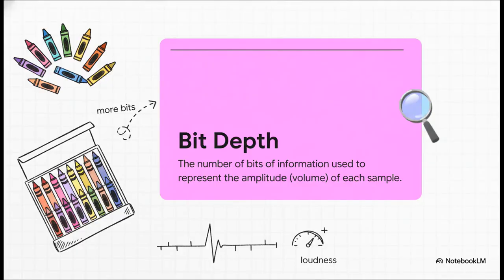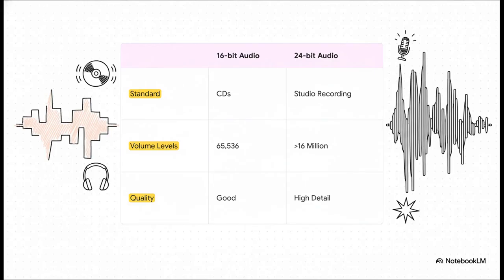Right, so if sample rate is how often you take a snapshot, bit depth is how much detail is in each of those snapshots. It's like deciding if you're going to draw a picture with a box of 8 crayons or a giant box with 64. More bits mean you have way more values for loudness in each sample. And the difference here is huge. 16-bit audio, the CD standard, gives you over 65,000 possible volume steps.